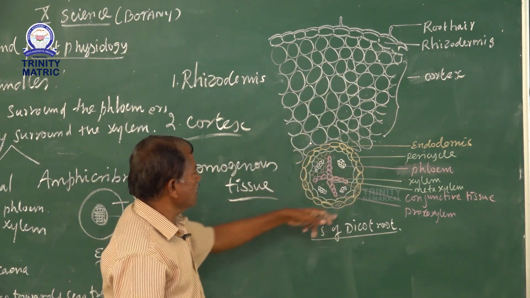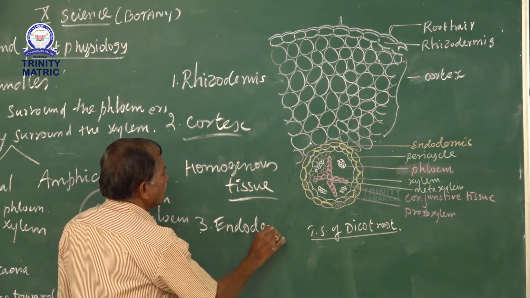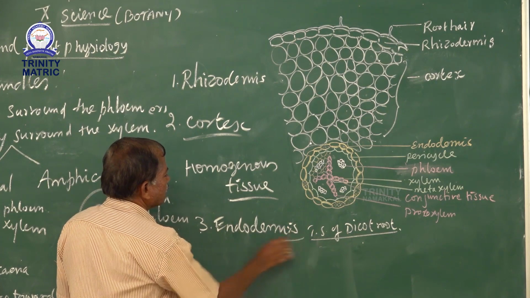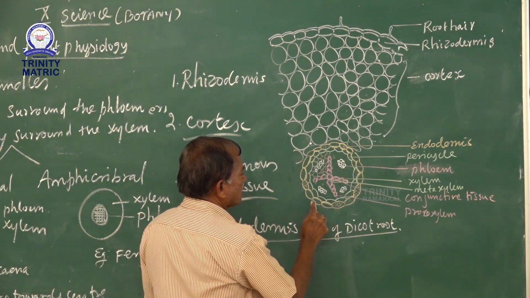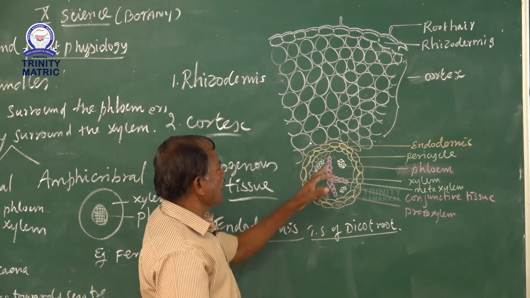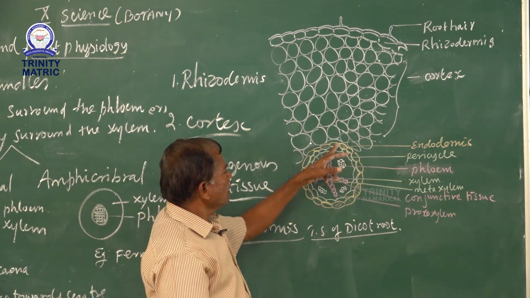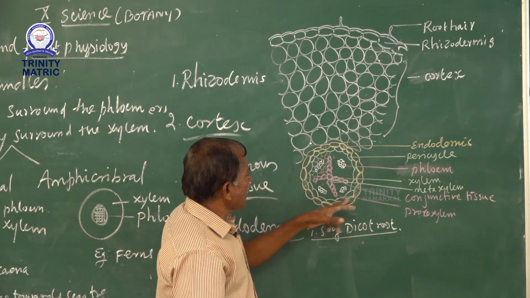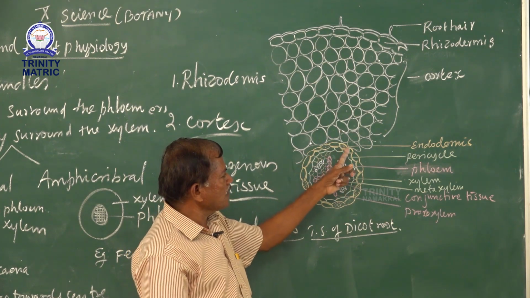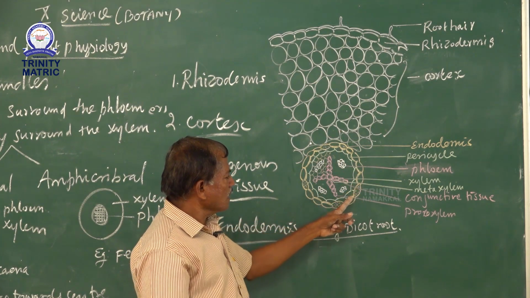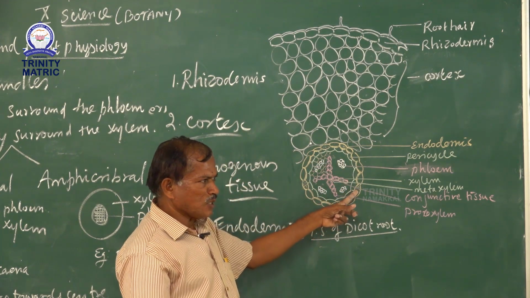Then the third region is called the endodermis. Look at this picture. The innermost layer of the cortex is called the endodermis. It is made up of a single layer, a uniseriate arrangement.